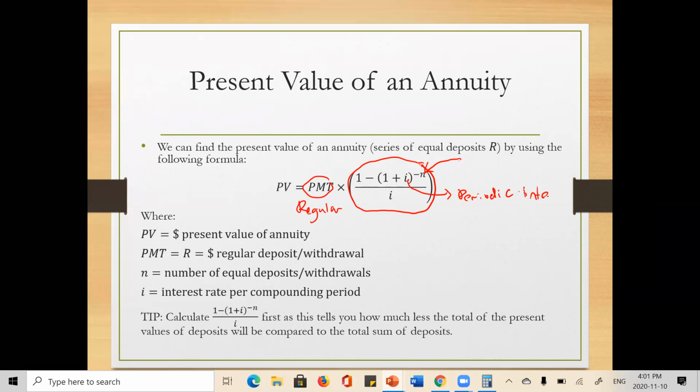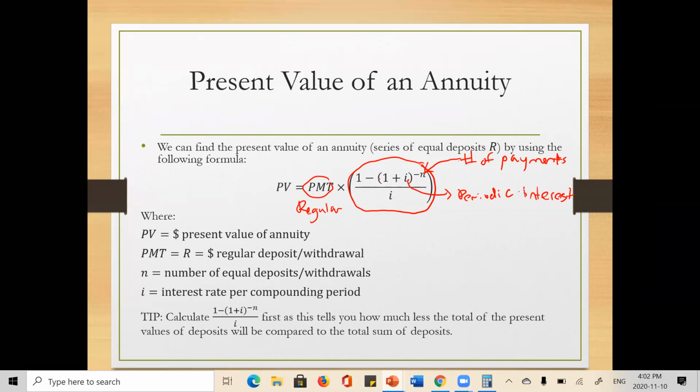For example, if it's monthly, we take the interest rate for the whole year divided by 12. If it's quarterly, we take the interest rate for the whole year divided by 4, and so on. And then our n is the number of payments you're going to be making, or the number of compounding periods, because they should match up. So that's all we're essentially going to do.